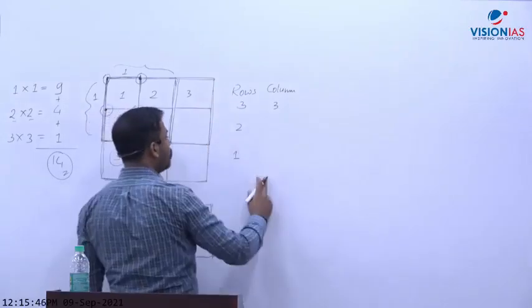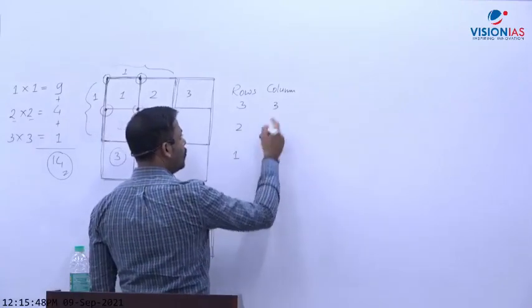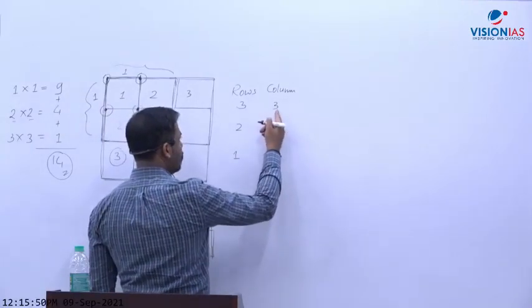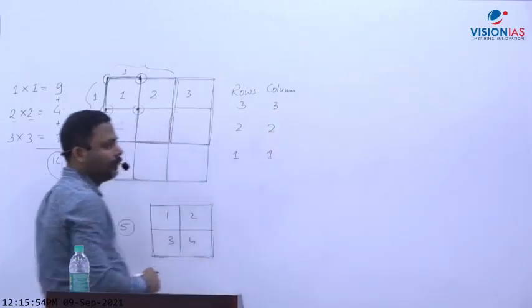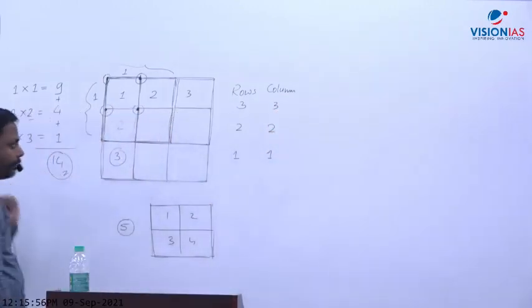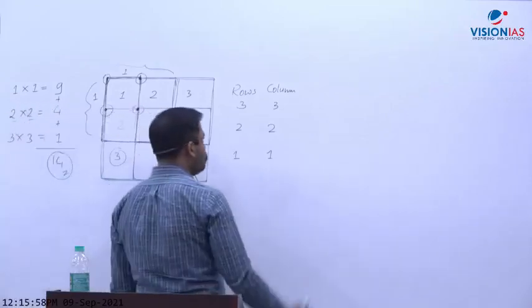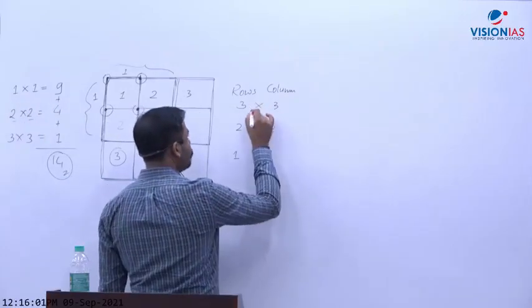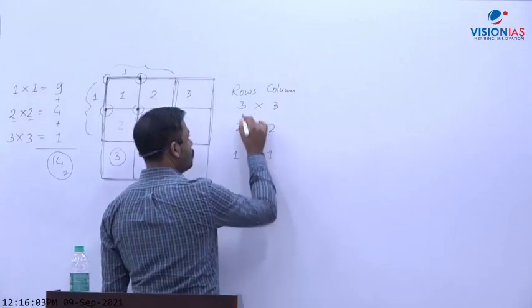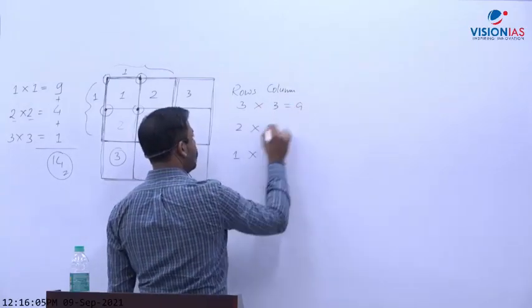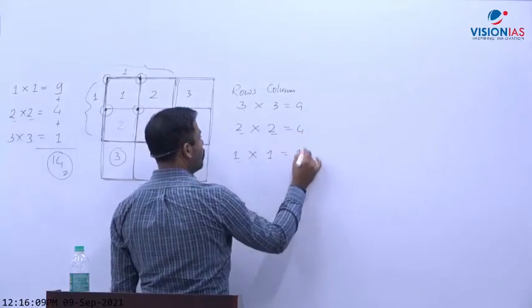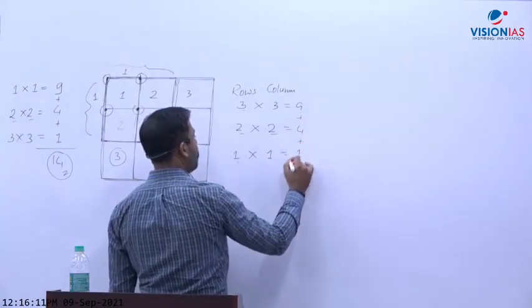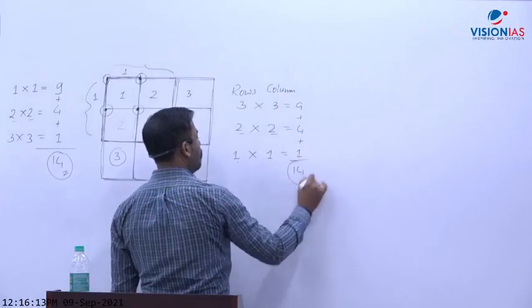And here also we will do the same thing with columns. So the number of columns is also 3. 3, 2 and 1. 3, 2, 1. Okay. So now multiply these two. 3 multiplied by 3 is 9. 2 multiplied by 2 is 4. 1 multiplied by 1 is 1. And add them. You will get the answer.